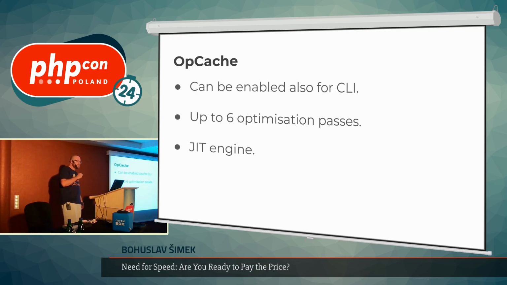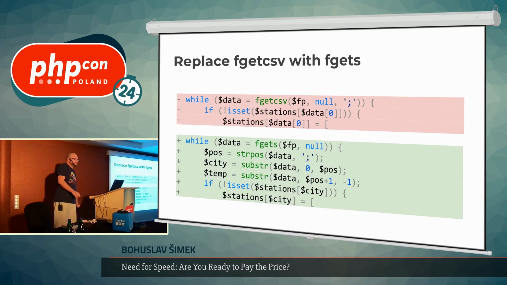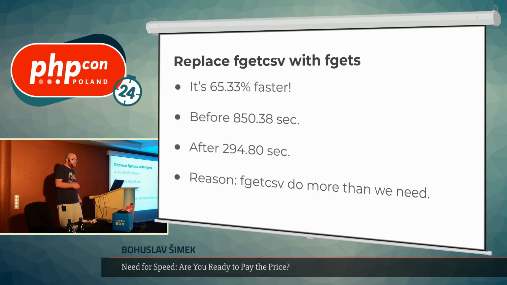So a very important thing. And the next thing which we want to do is replace the fgetcsv function with plain old fgets and parse things by hand. We can do this because we are in full control of our input data and we know its format. So this will work for us, and it will be faster by 65%.